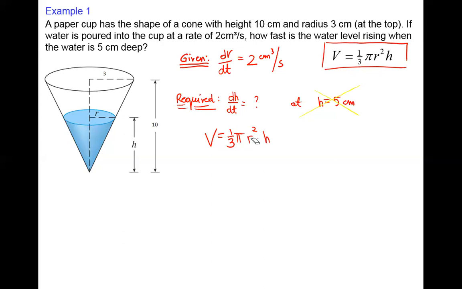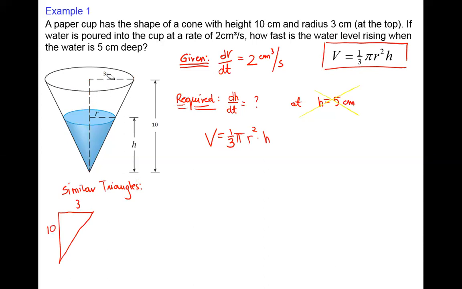How can we relate r in terms of h? We nicely see similar triangles. I see the big cone with the dimensions 3, radius, and 10, height.